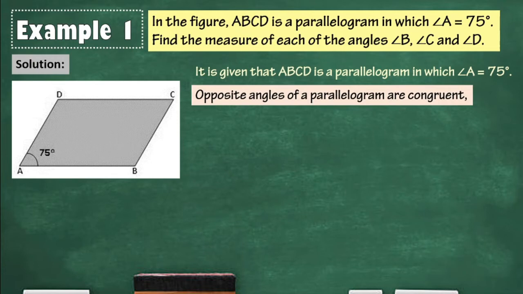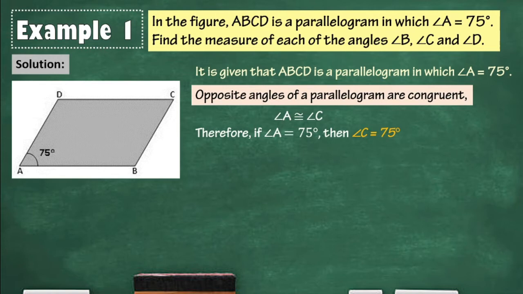And for us to solve the missing measures of the angles B, C, and D, we can apply the properties. First property is the opposite angles of a parallelogram are congruent. And we all know that angle A and angle C are opposite angles. So therefore, since angle A is 75 degrees, then angle C is 75 degrees as well.